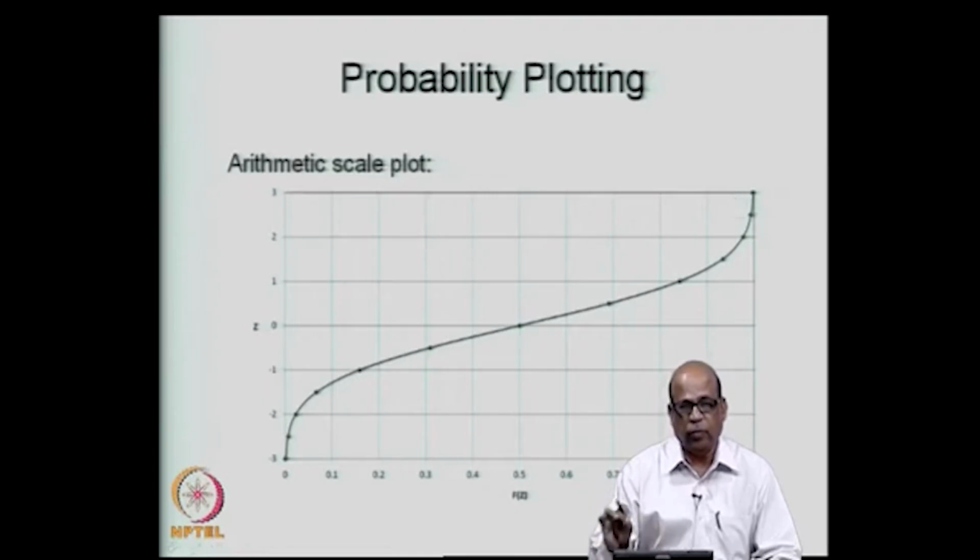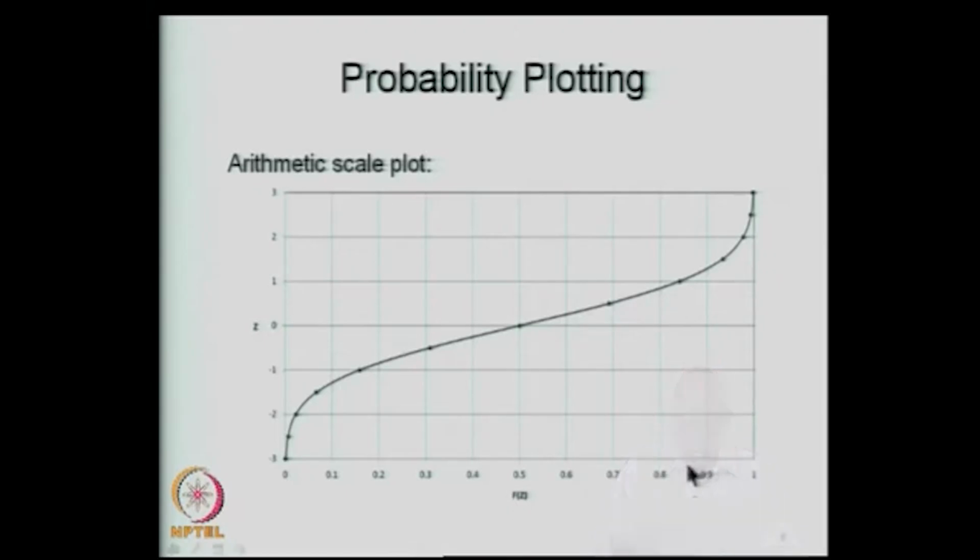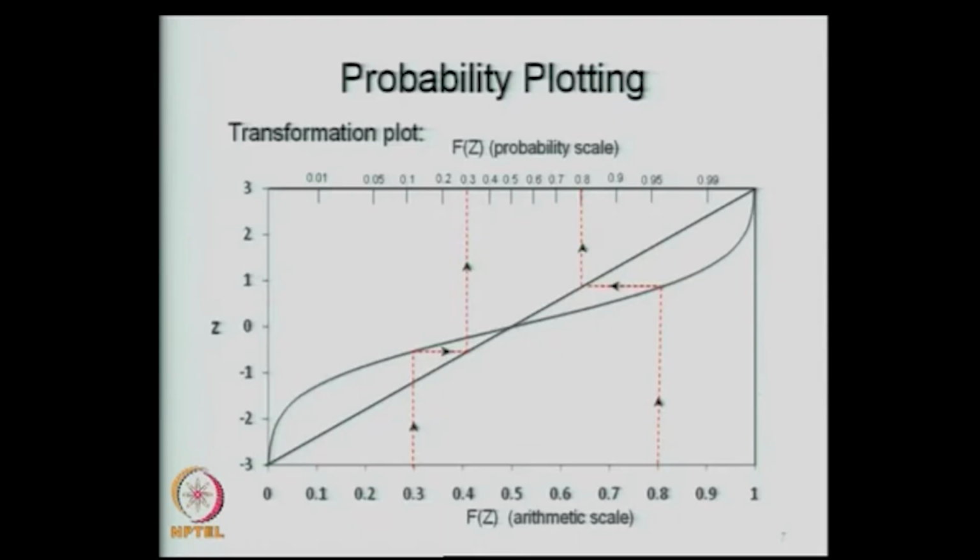Once you plot the CDF, simply take a straight line which best represents that particular CDF and then transform the scale on the F of z to a probability scale such that all of these points are transferred to the straight line. We will see how it is done now.